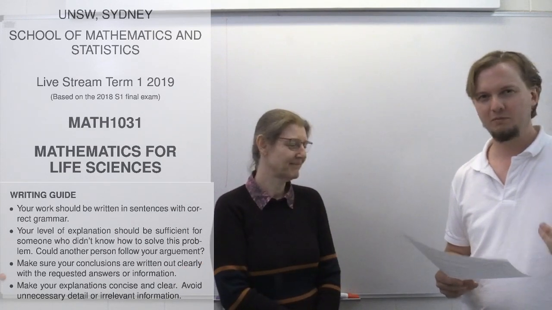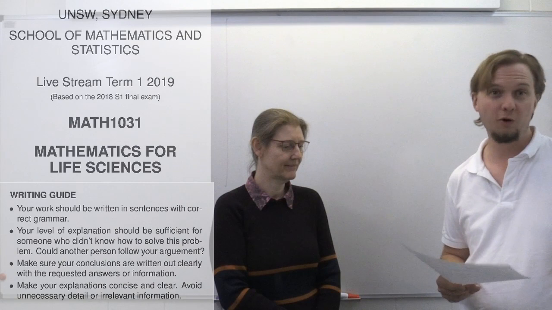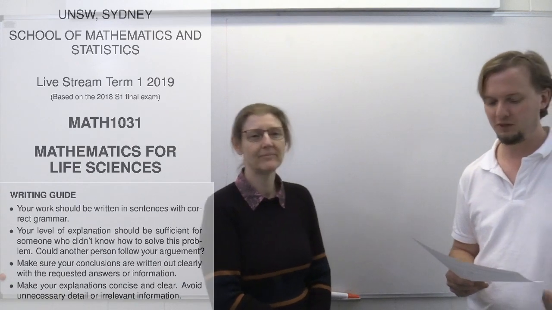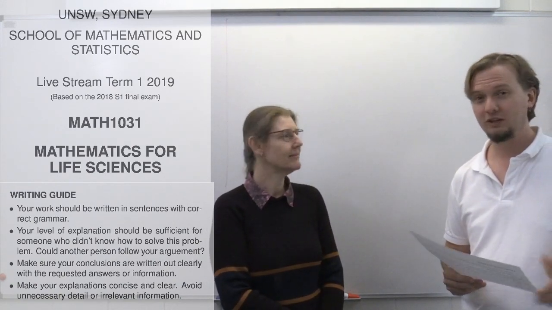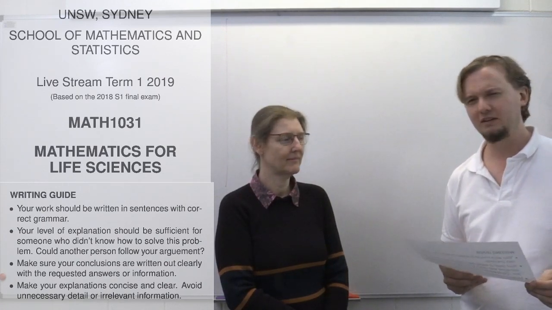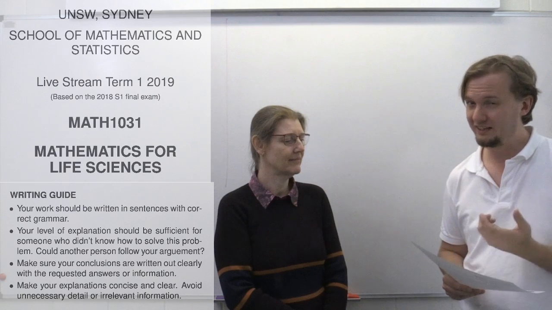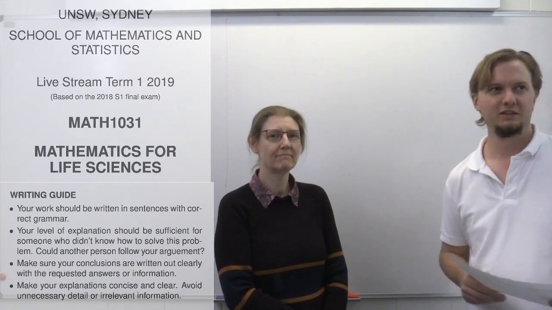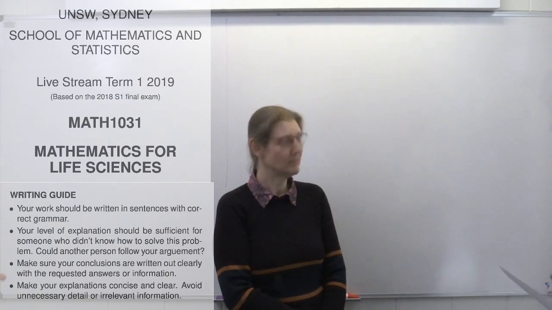You should aim to have a level of explanation sufficient for someone who didn't know how to solve the problem, but do assume that they are a student like yourself in MATH1031. Don't go too basic. Make sure that your conclusions are written out clearly and give the requested answer. And try to make the explanations concise and clear, but don't go into unnecessary or irrelevant detail. So I think Adelle's going to start with the first problem.